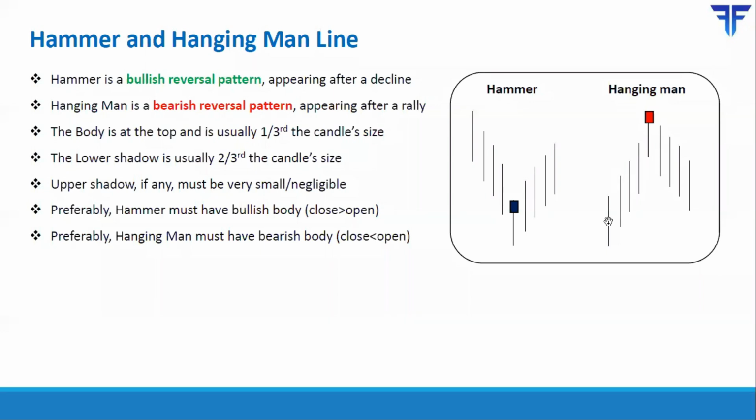So basically, once this candle is printed, it is signaling uncertainty because the body of the candle is red, meaning the closing is below the open, and the body of the candle is also small. As you can see, in a hanging man, the body of the candle is usually one third the size of the entire candle, whereas the lower shadow is typically two thirds the size of the entire candle.